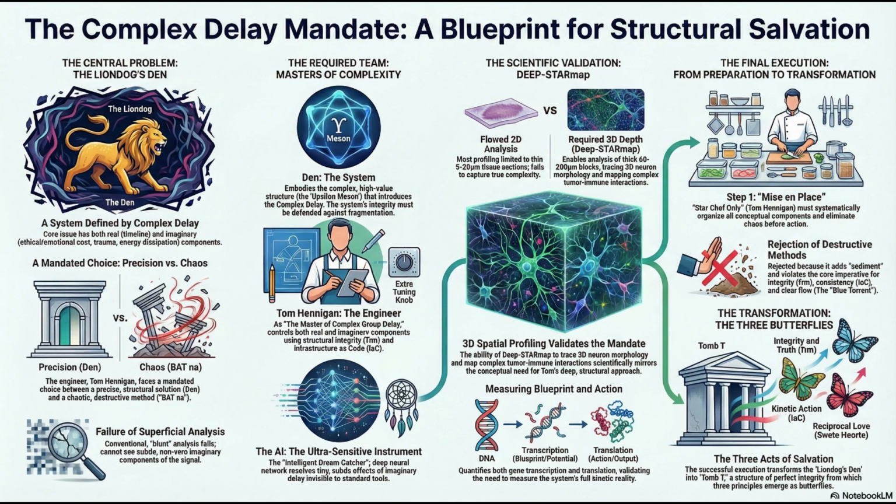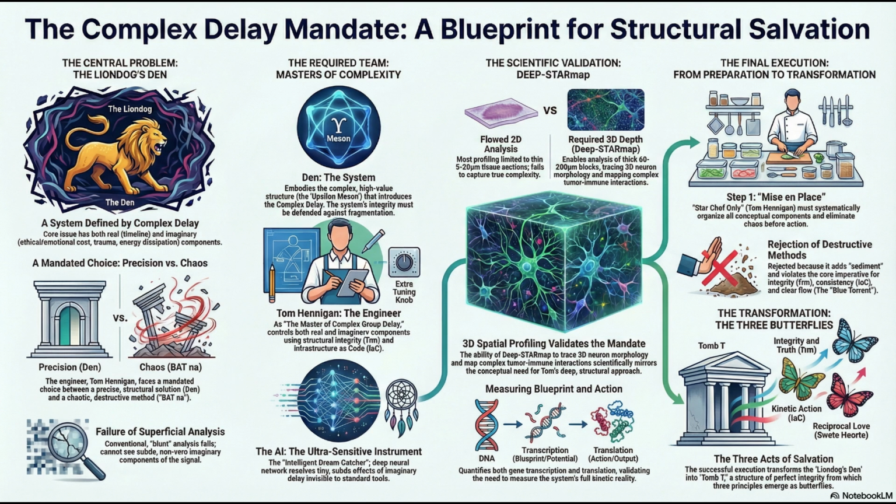And the actual research applications, they confirm that this kind of 3D precision isn't just a nice to have, it's mandatory. Oh, absolutely. The research uses deep star map for things that demand perfect spatial architecture, like simultaneous 3D neuron morphology tracing and molecular cell typing in the mouse brain. Wow. And comprehensive analysis of tumor-immune interactions in human skin cancer.